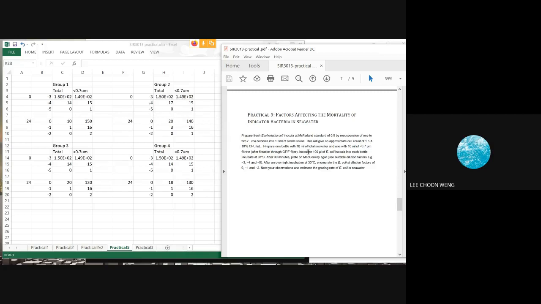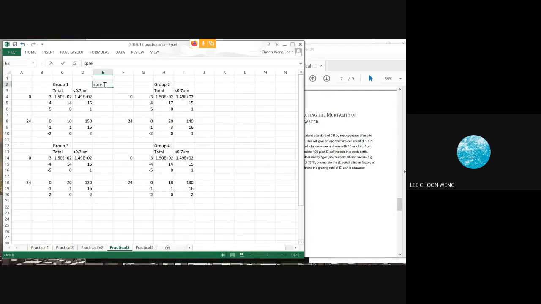Please take note that this is from spread plating at 0.1 ml of inoculation. So this is all done by spread plating, 0.1 ml.